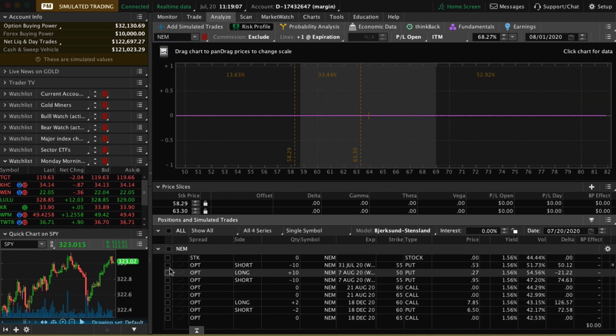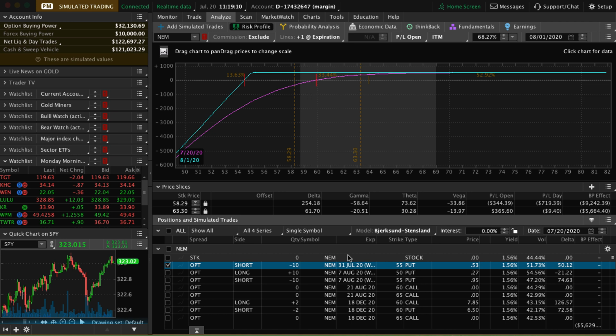But what are these contracts? So one of them is simply a short put because I wanted to acquire the stock, but it didn't happen at 55, so it didn't happen, and now this thing is going to expire. I'm just going to collect a premium of 530 bucks, pretty cool.